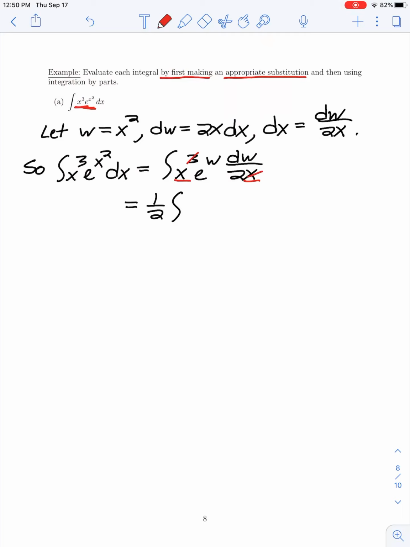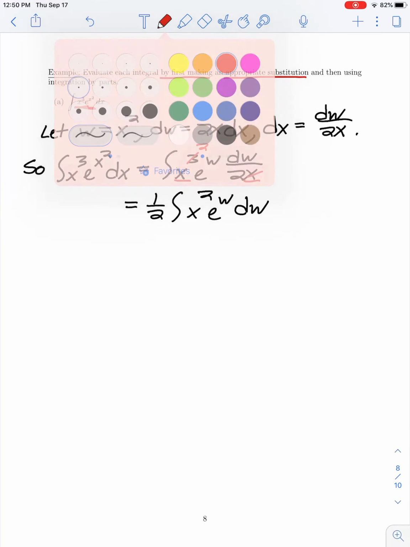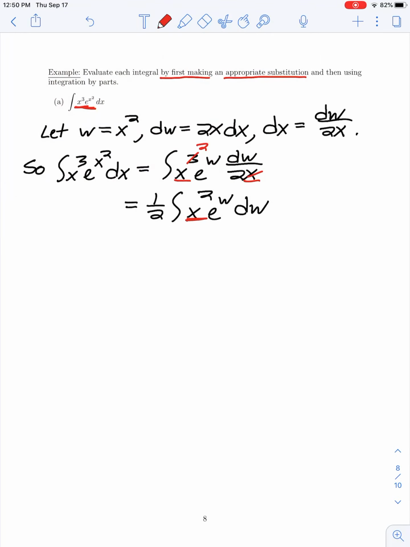So canceling one factor of x in the numerator and denominator, I'm left with x squared, and then e to the w dw. At first I'm stuck with this factor involving x, which is x squared. However, x squared is what we were calling w. So this is actually 1/2 the integral of w e to the w dw.